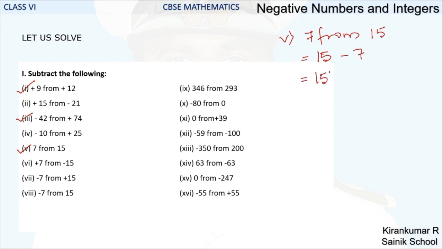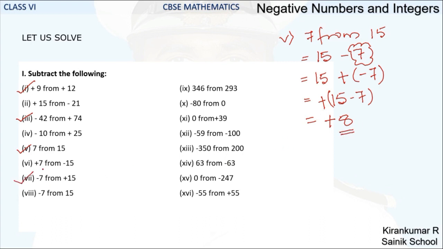This problem can be changed into an addition problem by changing the sign of the second integer. So when unlike signs are there, we are going to subtract the absolute values and take the sign of the larger absolute value. So positive 8 will be the answer.